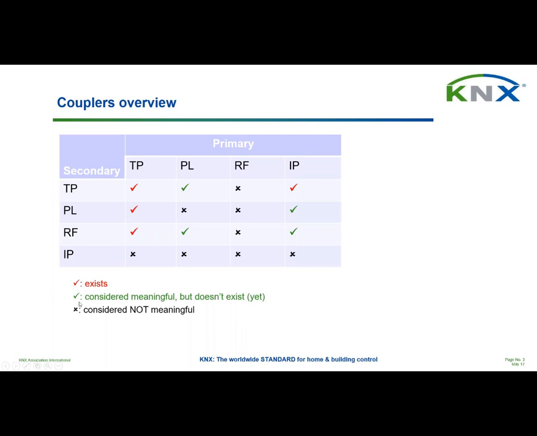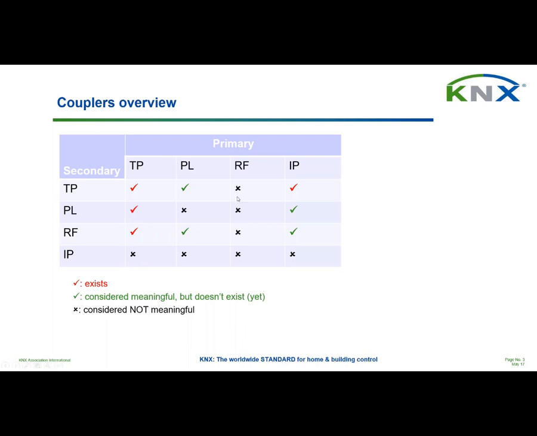When we see a green tag, it means this is a coupler that is considered meaningful. However, it's not commercialized, it doesn't exist. And a black little cross means this is a coupler considered not being meaningful.